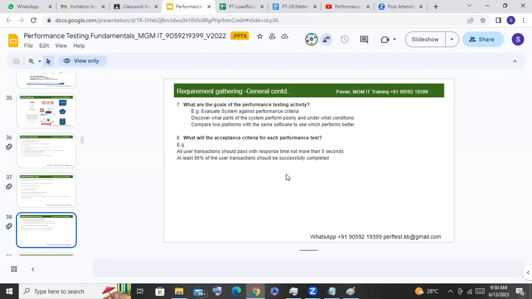Very frankly, in my present project, in the interview, they asked me, I've had so many years of experience, right? And casually they asked me what is the main goal of performance testing.